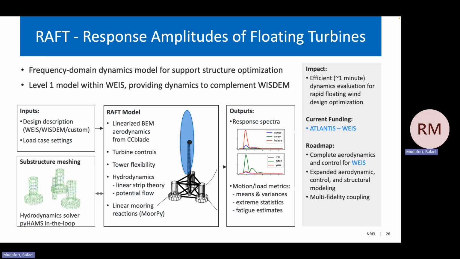RAFT is kind of a subset of WISDEM, and in this particular case, the design description of the wind turbine, floating platform, and so on is from WISDEM, so it will load those files, figure out how to mesh the substructure, generate the full model, and then do optimizations of the floating platform to give you the dynamics and response that you're targeting.